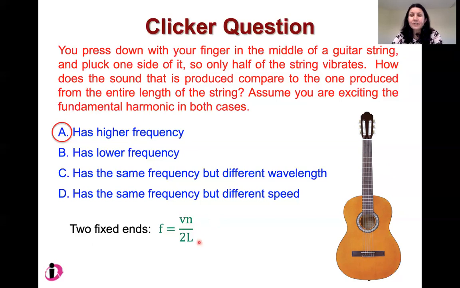So that's physical properties of the medium, thus the speed. Here we're working with the same string, but we put our finger in the middle. What did we change? We made L half. So what did we do to the frequency? We have doubled the frequency, considering n is fixed. Fundamental harmonic means n is 1.